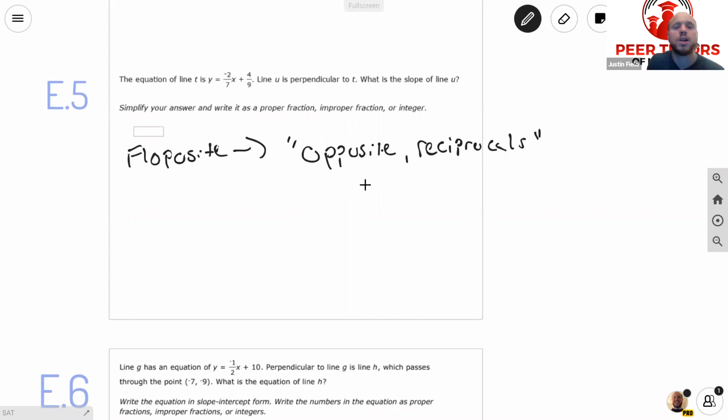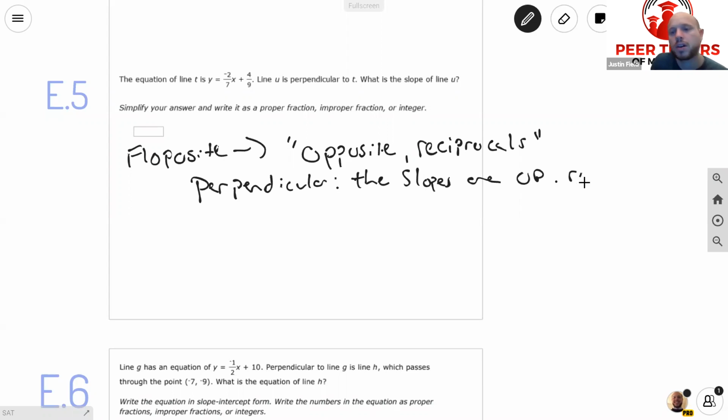All right, so when lines are perpendicular, the slopes are opposite reciprocals. That is the relationship between two lines whose slopes are perpendicular.